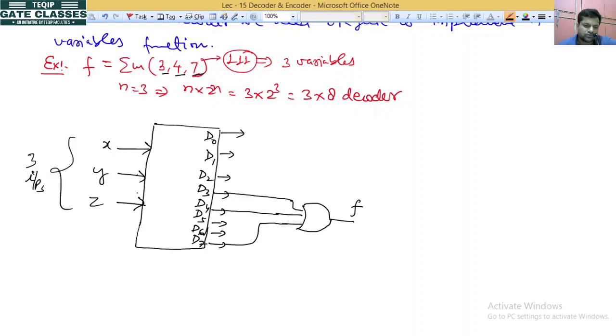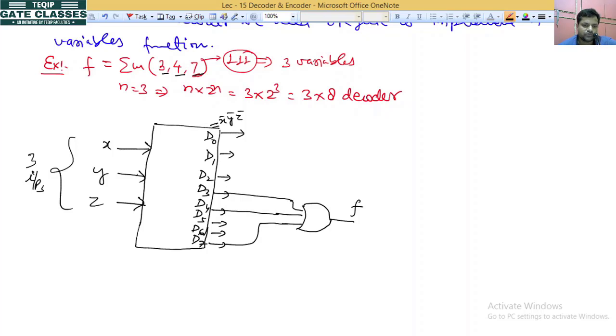Okay, so what did we need here? We know that D0, D1, D2, D3, D4, D5, D6, D7 give you all the combinations of minterms. For this one it will be x bar y bar z bar. All the combinations of minterms we get from here.